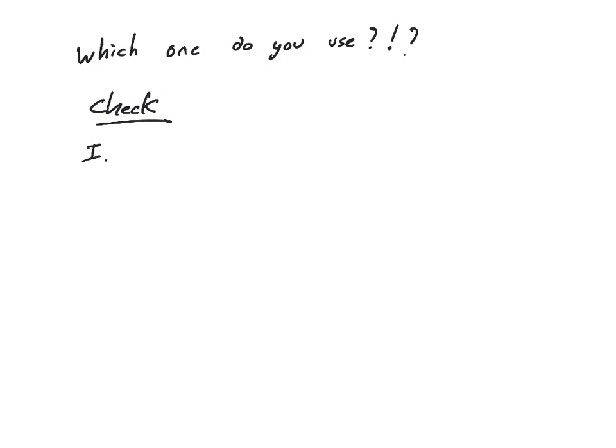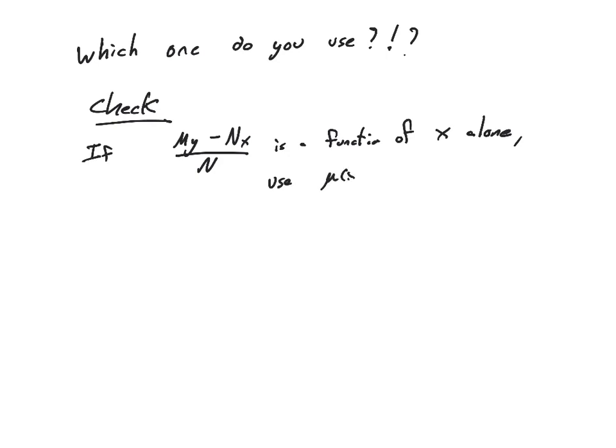Basically, if m sub y minus n sub x divided by n is a function of x alone, then you're going to use mu of x is equal to e to the integral of m sub y minus n sub x over n dx.